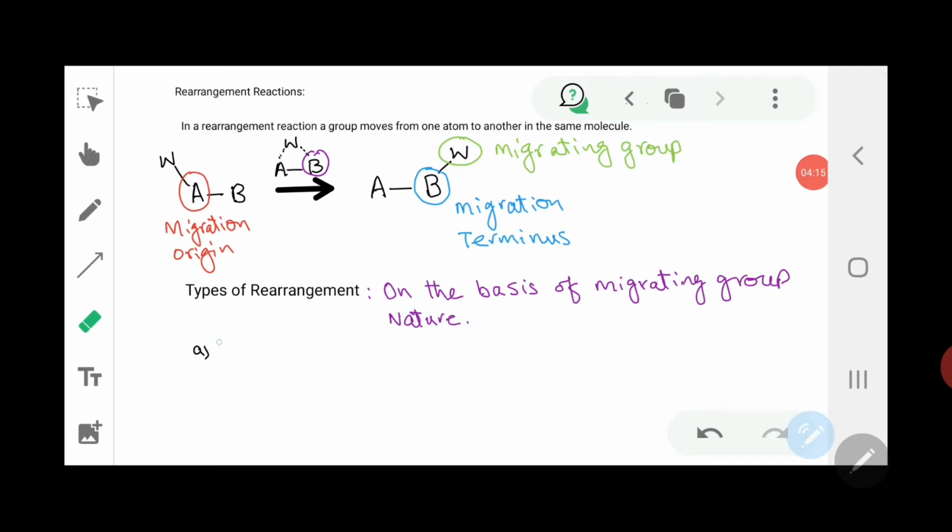So the first one is nucleophilic or anionotropic rearrangement, in which the migrating group carries negative charge.